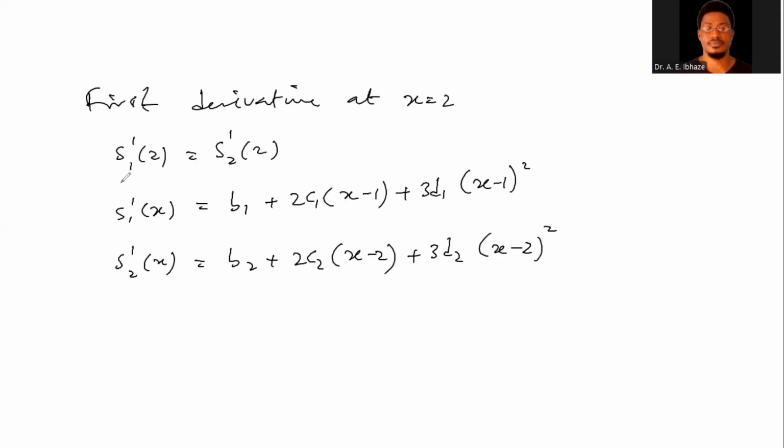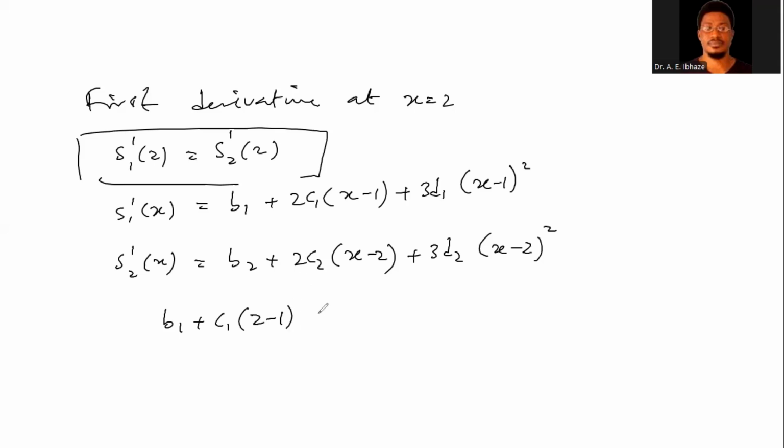So now, if we invoke this first derivative continuity condition, then we have that B1 plus 2C1 into bracket 2 minus 1, plus 3D1 into 2 minus 1 squared is the same as B2 plus 2C2 into 2 minus 2, plus 3D2 into 2 minus 2 squared.